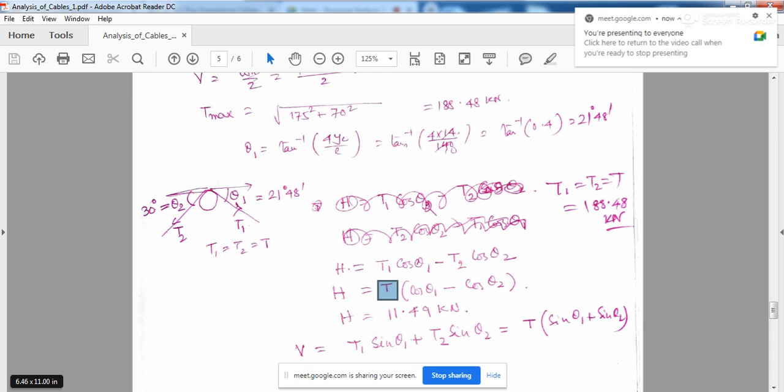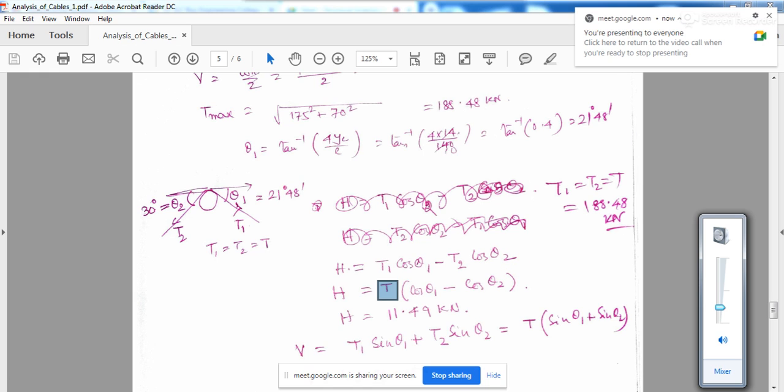Hello? T max. Little bit louder, I cannot hear. Okay, let me increase the volume. T max. Okay, T max, right.